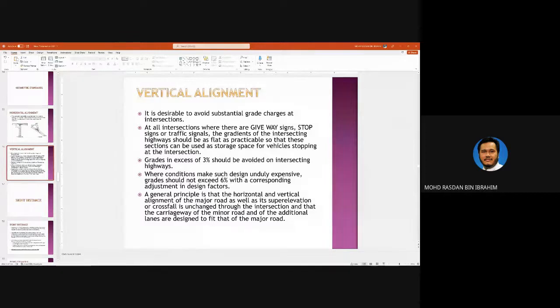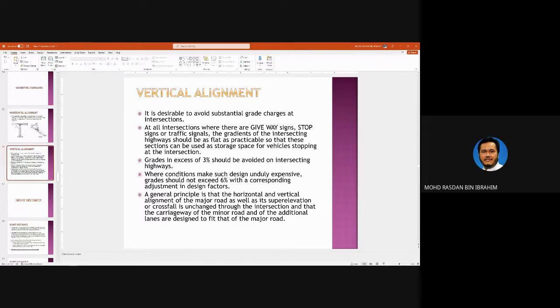Vertical alignment is desirable to avoid substantial grade change at intersection, where give way signs, stop signs, or traffic signals should be as flat as practicable, so that these sections can be used as storage space for vehicles stopping at the intersection. We try to have it as flat as possible. More than 3%, you should avoid to construct intersection.